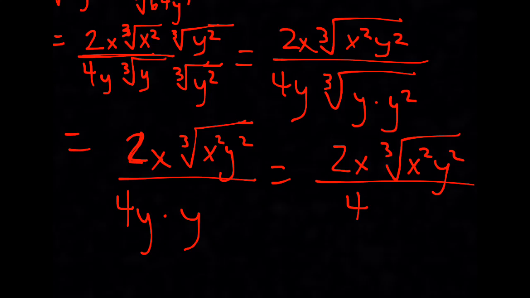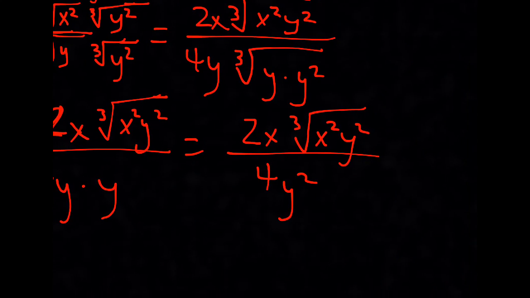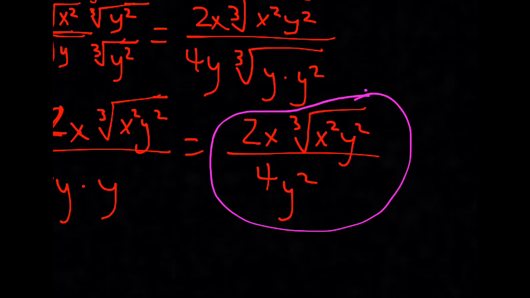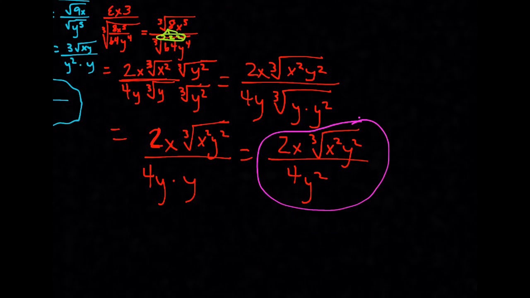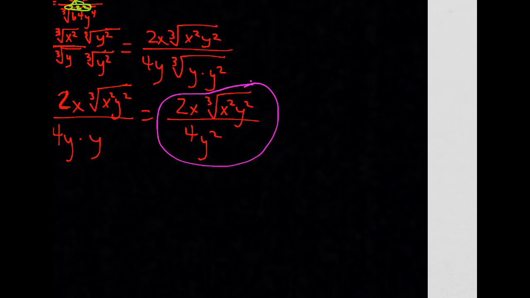On the bottom I have 4 times 4y times y, which is y squared. So my answer is that. Alright. Free response question, I would count this right because the AP test would count this right.